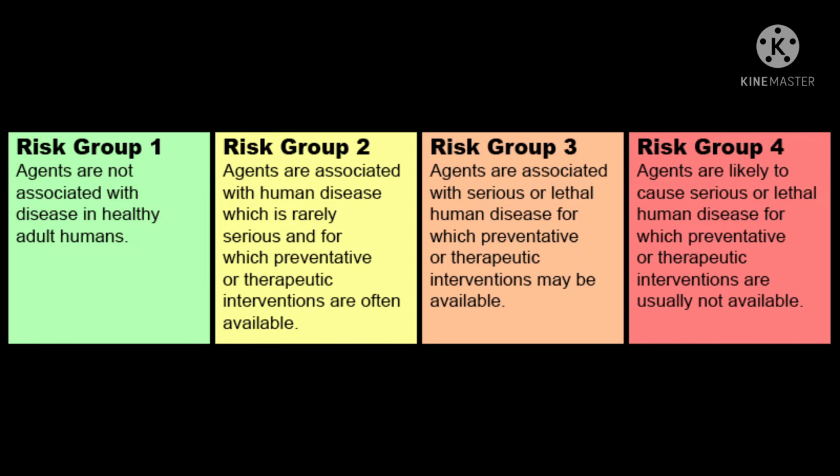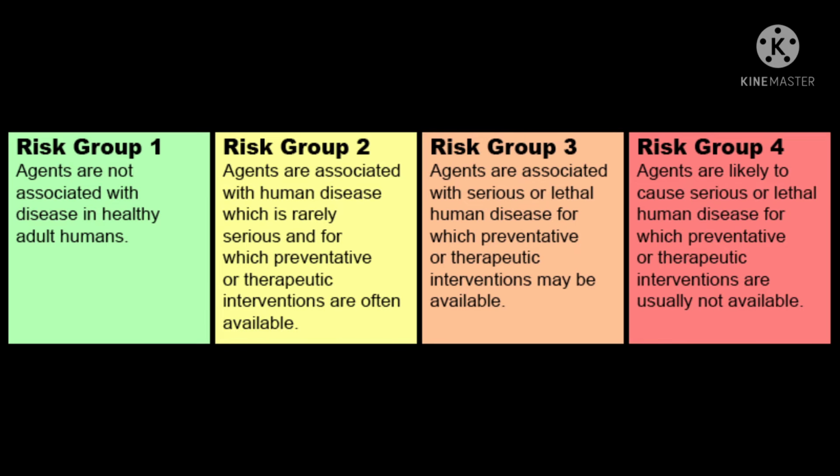When we say risk group 1, this includes microorganisms that are unlikely to cause human or animal disease. These microorganisms bring about low individual and low community risk. Risk group 2 includes microorganisms that are associated with human diseases but is rarely serious and for which preventive or therapeutic interventions are often available.